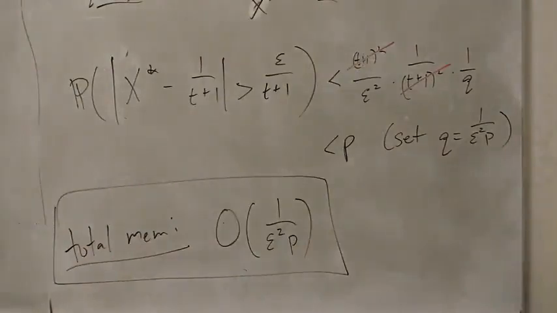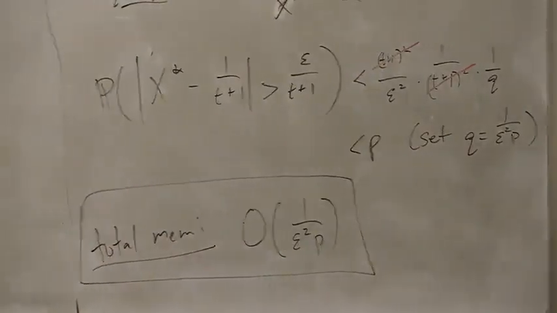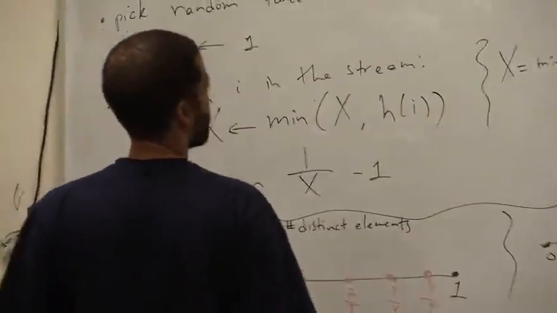Now, I don't want to talk about how to make this idealized algorithm a non-idealized one. I won't have time for that. But I do want to say a little bit about it.